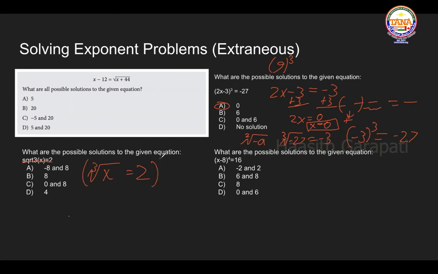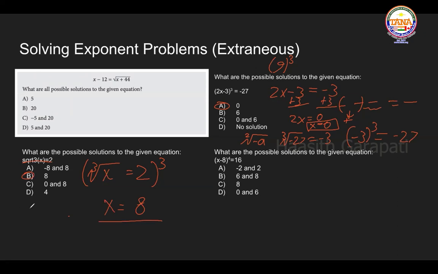If you cube something, then the same thing works in reverse, where you can actually carry over the negative and positive signs. So we end up with x is equal to 8. Simple as that. The correct answer is going to be B.